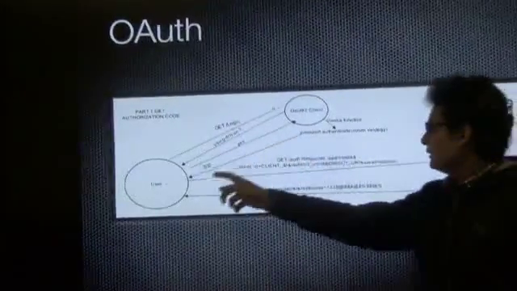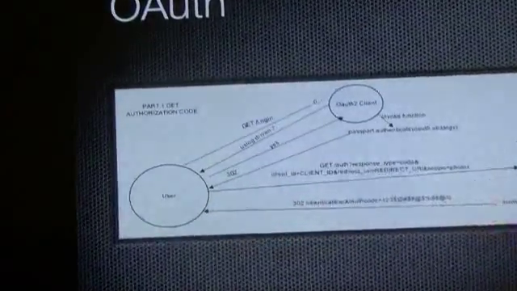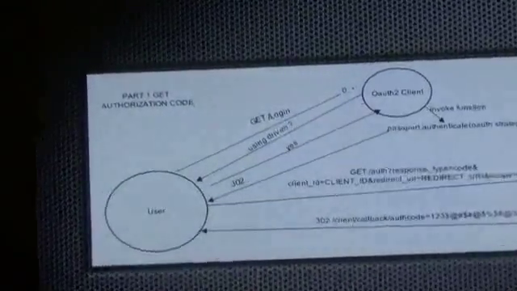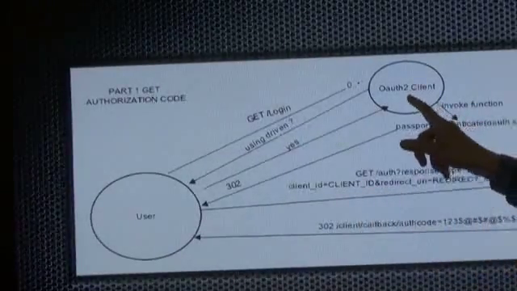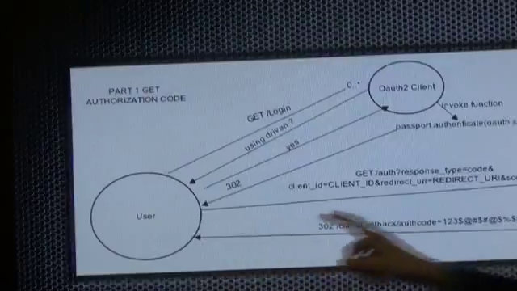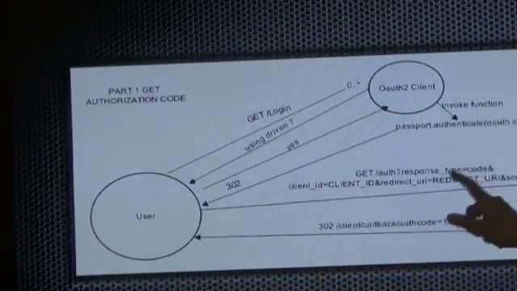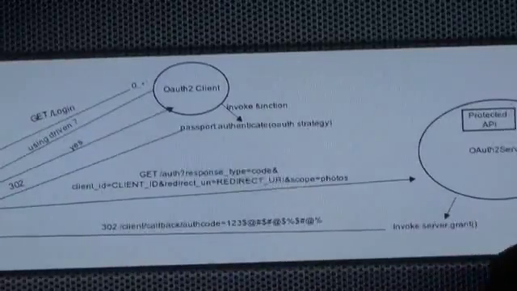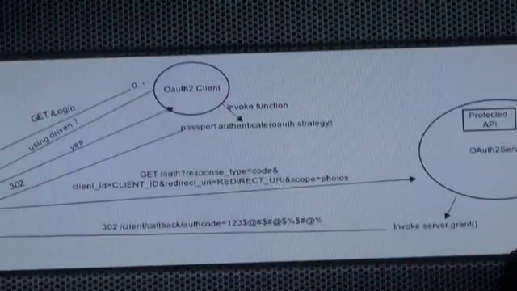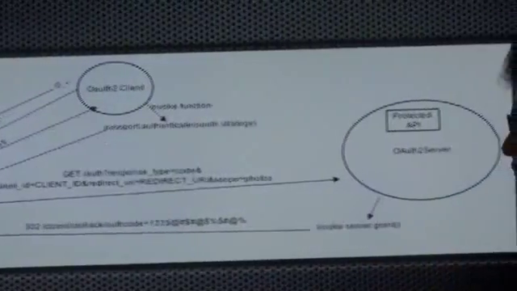So when he's redirected, the user will communicate with the OAuth server, and all the details will be filled in. When the client is redirecting the user, he will put all the values, including the response type. Response type defines what type of grant the client wants, whether it's implicit, whether it's password based, or whether it's code based or token based.